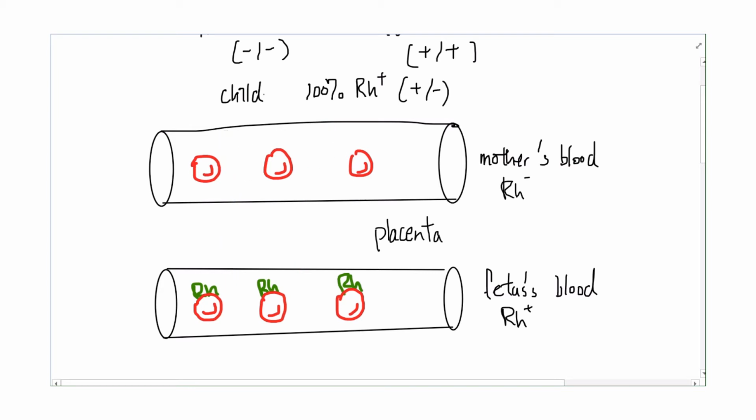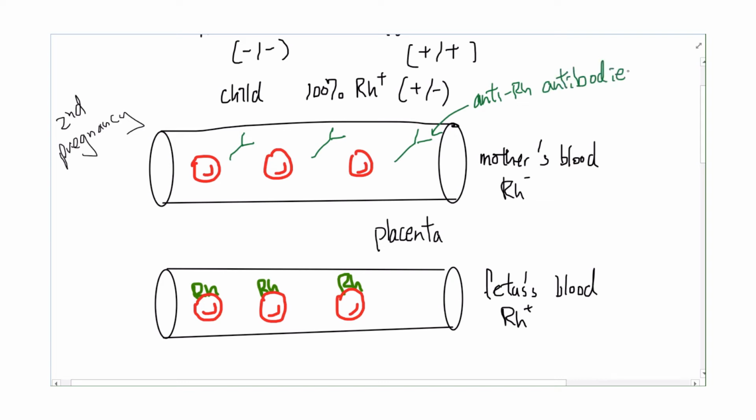Okay, so they're going to have the second baby, second pregnancy. So in this second pregnancy, the mother's blood remains the same, except now she will also have these anti-Rh antibodies. Okay, so these are anti-Rh antibodies, and they were produced from the first pregnancy, right?